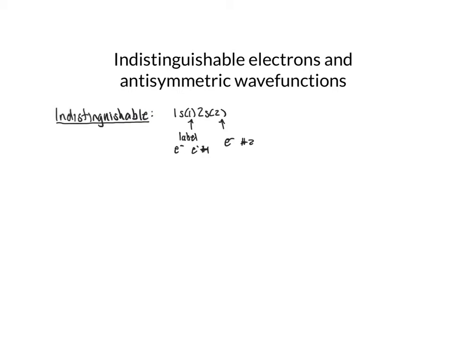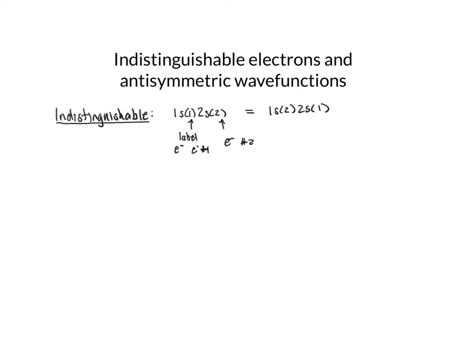That configuration has to lead to exactly the same results as if I have electron 2 in 1s and electron 1 in 2s, because I can't tell which electron is which. I can't tell which electron is in which orbital. And so I need to write wave functions or electron configurations in such a way that I can't tell which electron is in which orbital.